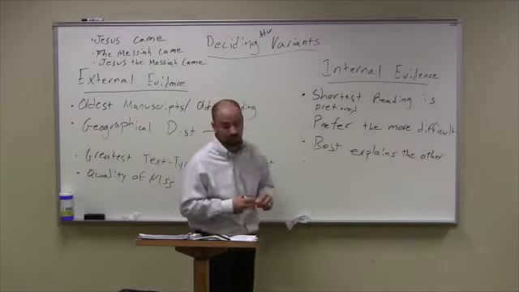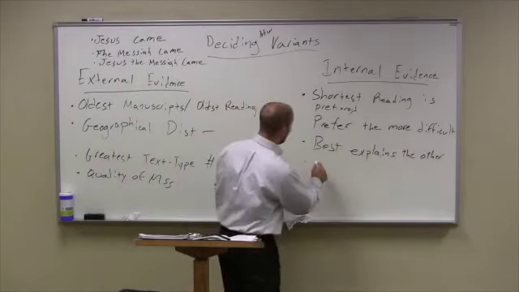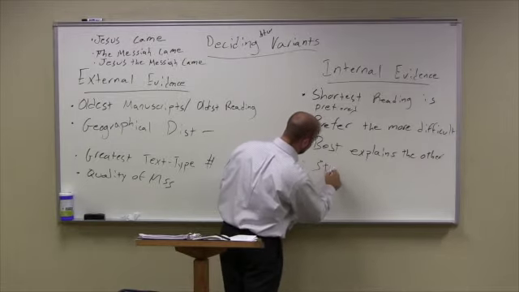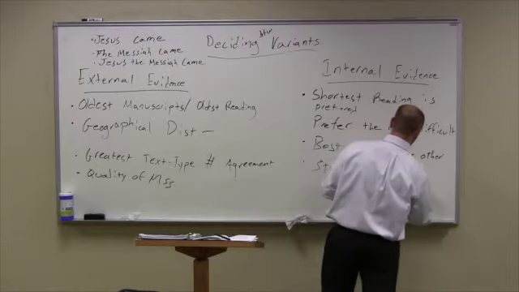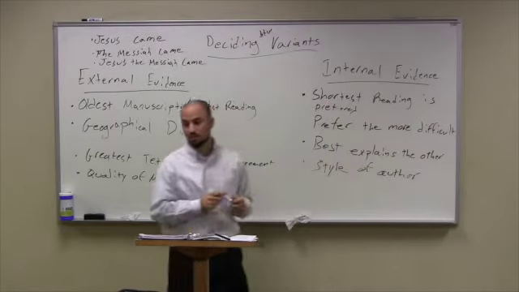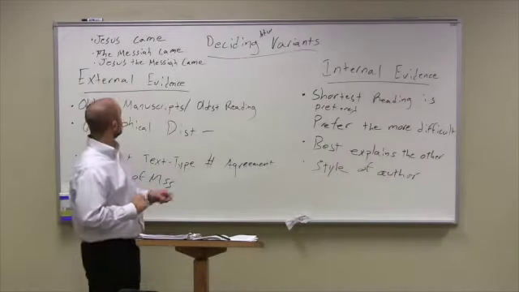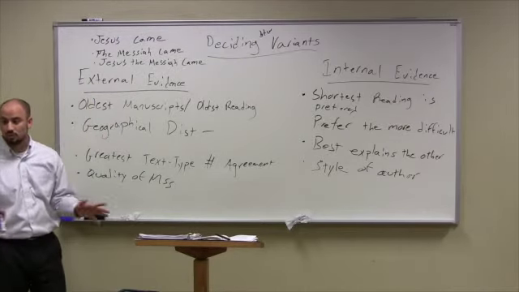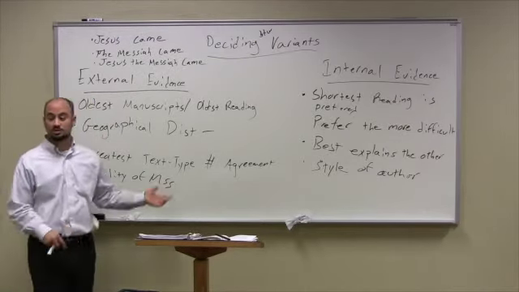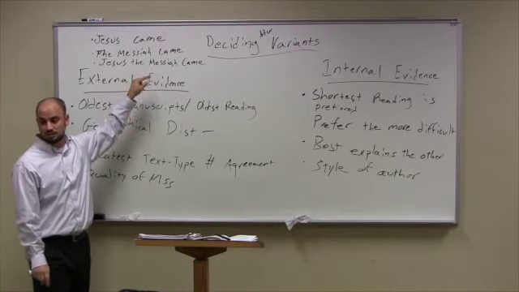Another thing to add to your internal evidence is the style of the author. So hypothetically, if your author never uses the title Messiah anywhere else in any of his writings, then it might be highly unlikely that he has used Messiah in this instance.